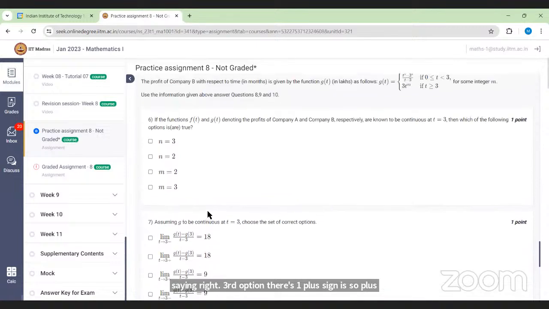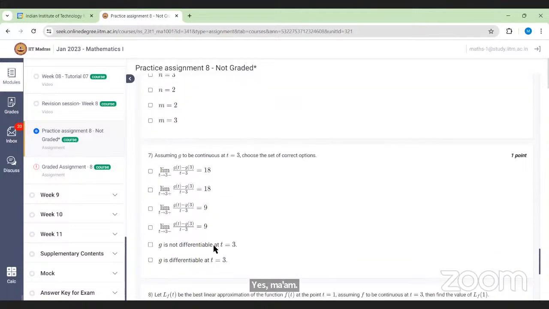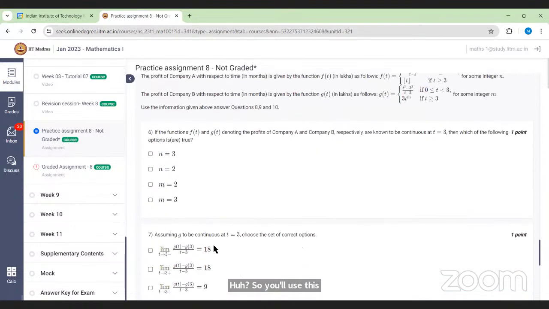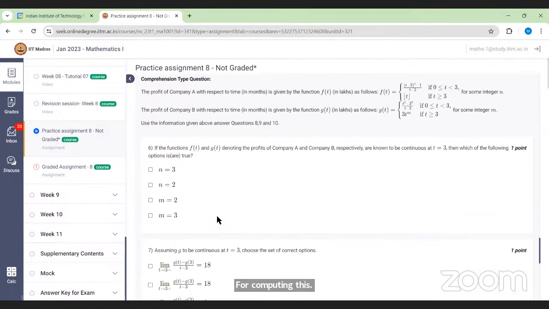And from question number 6, you can find the value of m. When you get the value of m, you will put it here. In place of G(t), I'll use 3t to the power m. If you use that, I think that will be enough.